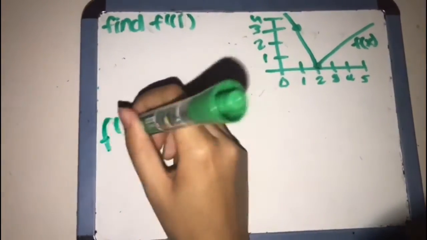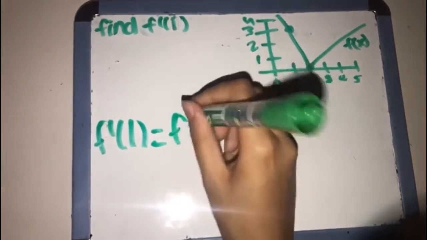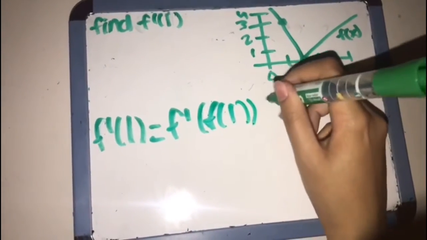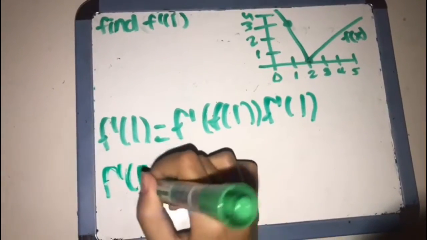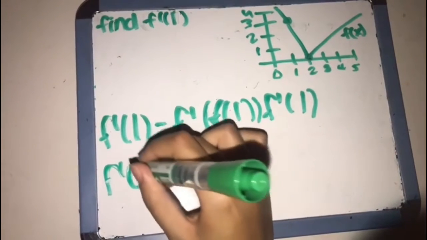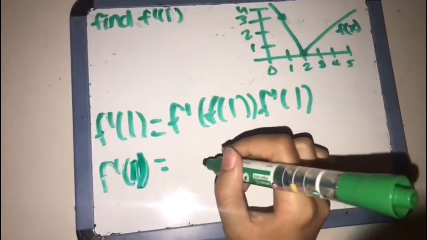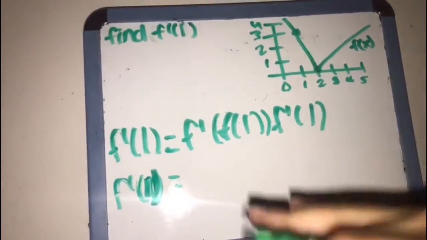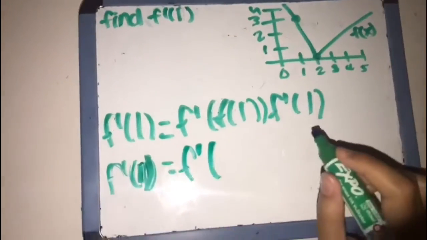So let's start with putting f prime of 1. So f prime of 1 equals, this is supposed to be 1, not 11. Now we have to find, actually not the slope, I'm sorry. What does f of 1 equal?